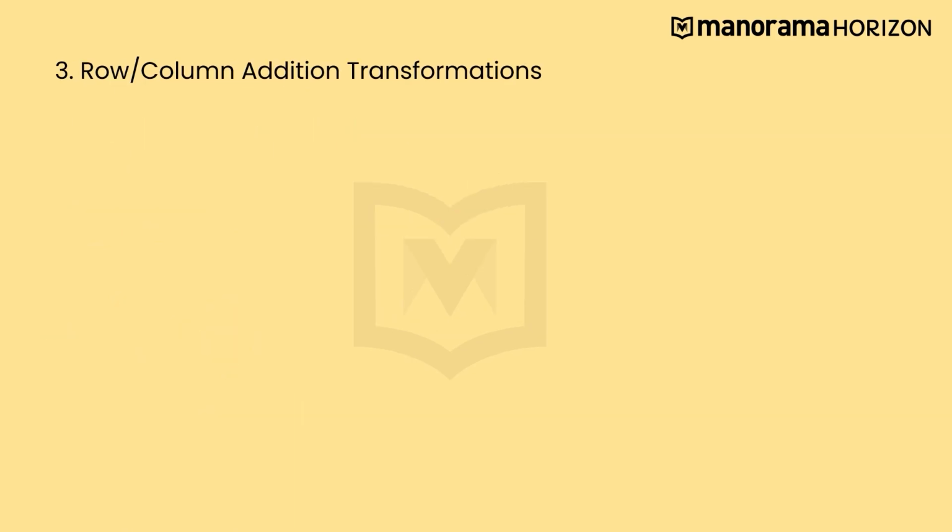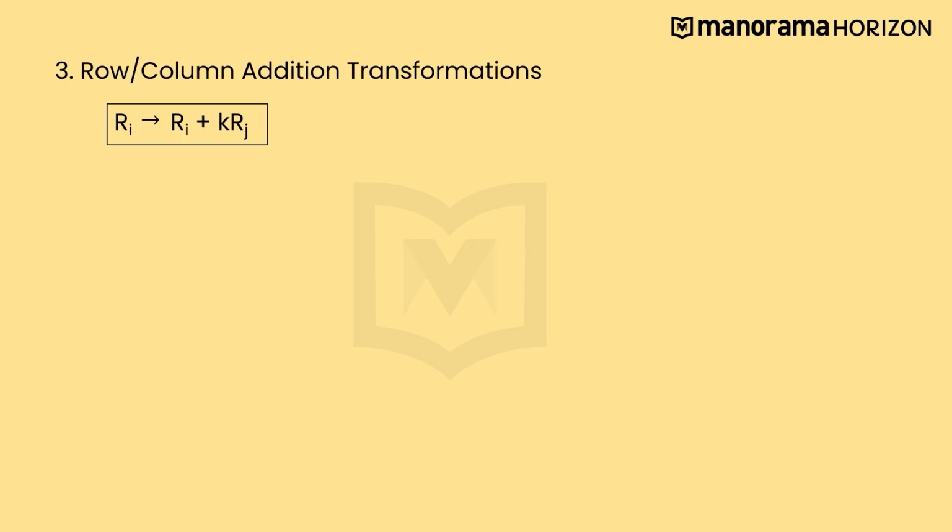Now comes the third transformation, that is row or column addition transformation. Here in this particular transformation, a row can be replaced by the sum of that row and a multiple of another row. And this is represented by Ri becomes Ri plus k times Rj.